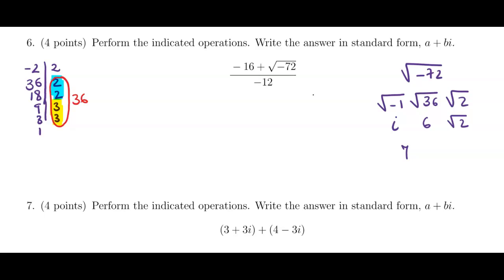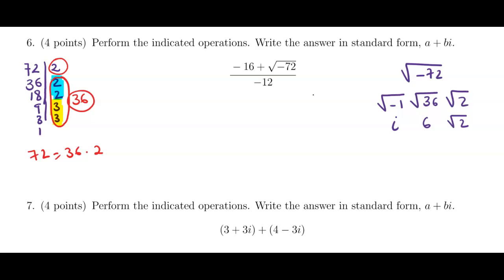So the two numbers are 36 and 2, and you can break down 72 into 36 times 2. I hope this is clear. That's how you break down any number and figure out the perfect squares.